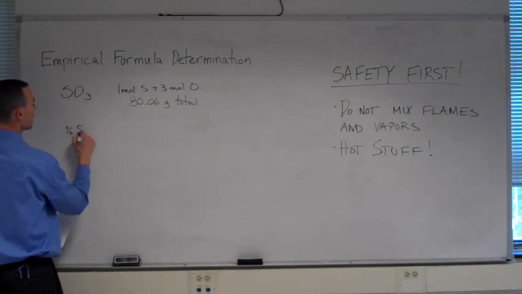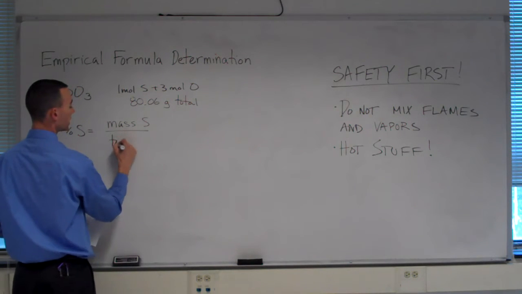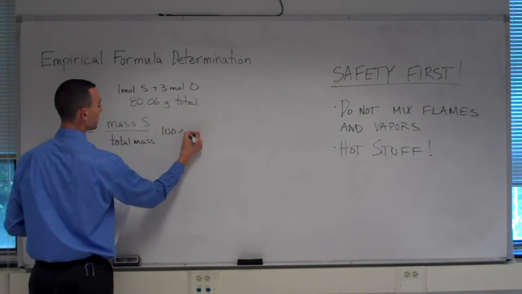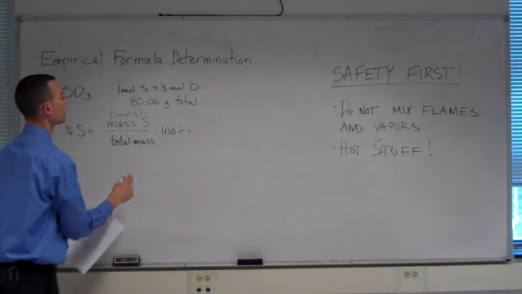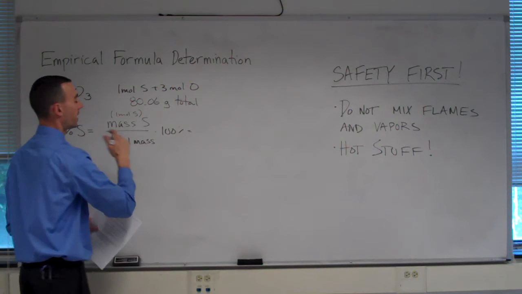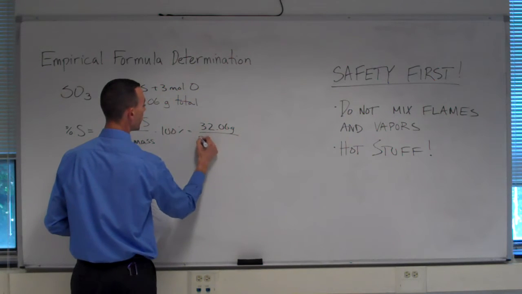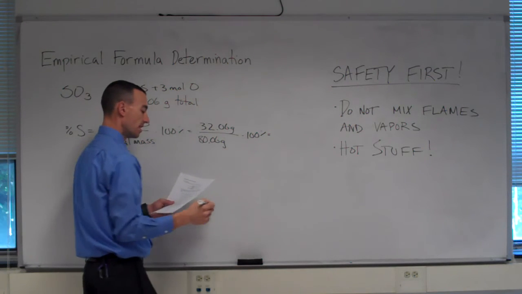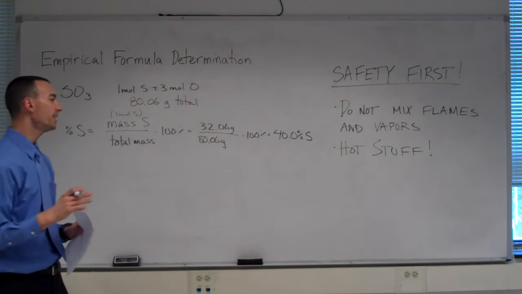So the percentage of sulfur would be the mass of sulfur divided by this total mass, multiplied by 100%. 1 mole of sulfur, because I'm assuming I've selected 1 mole of the entire compound, so that would contain 1 mole of sulfur, is about 32.06 grams, divided by our 80.06 grams, times 100, 40.0% sulfur.